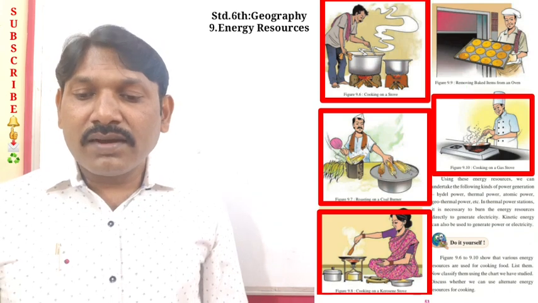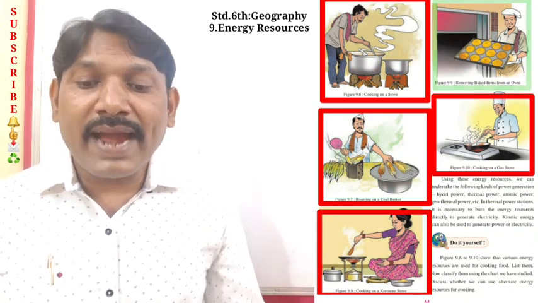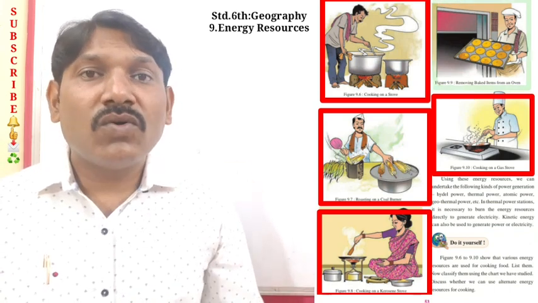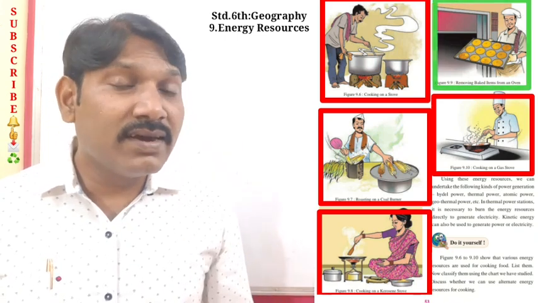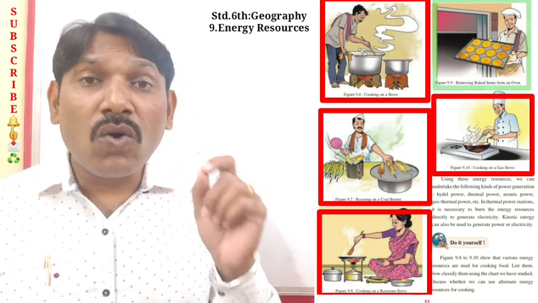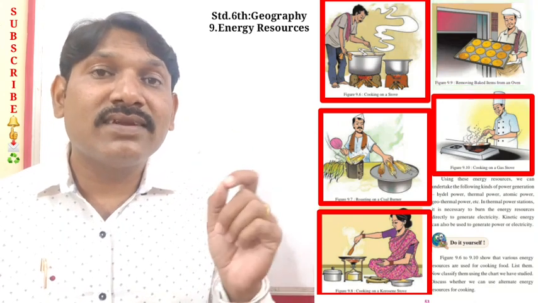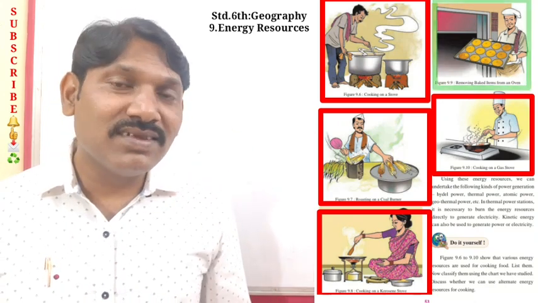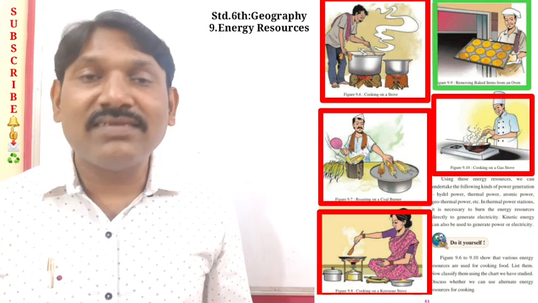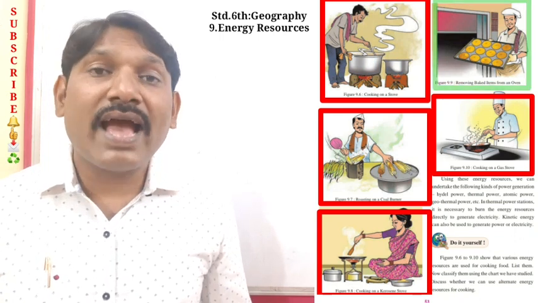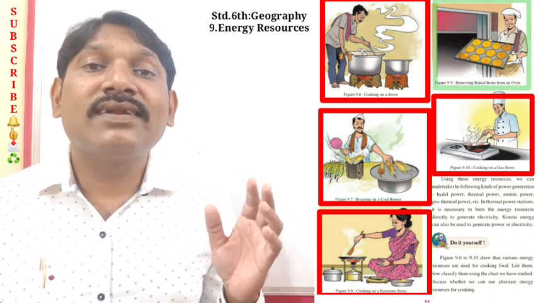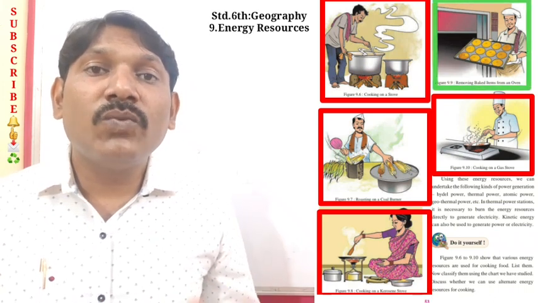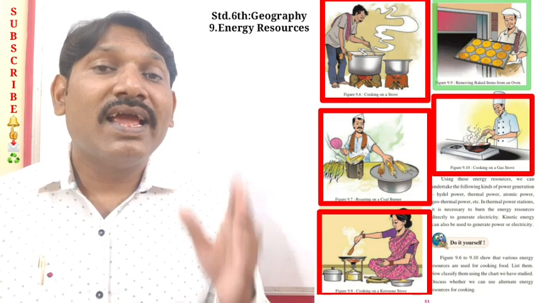And the removing of baked items from the oven is the only one that is process based, and here an alternative for this oven which runs on electricity can be used. Now the last one, cooking on a gas stove. An alternative for it can be an electric stove, which can run on electricity.